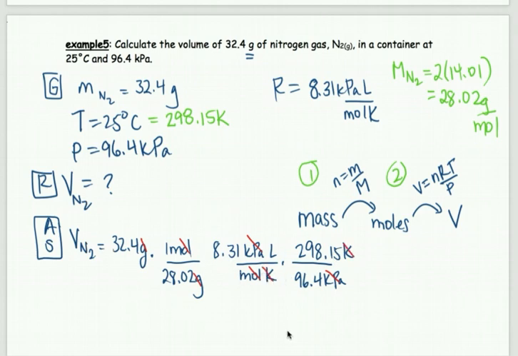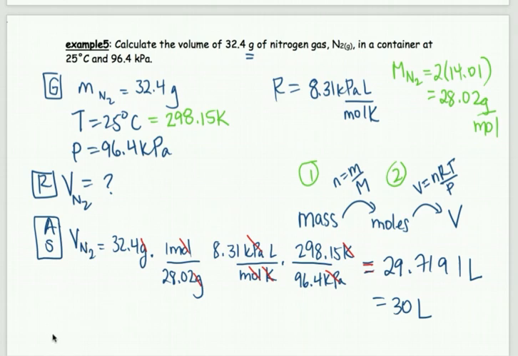Now you know you have all the values that you need. So we're going to go 32.4 times 8.31 times 298.15, divided by 2802 and the 96.4 at the bottom, and we get 29.719 liters. If we round to 2 digits, that's 30 liters.